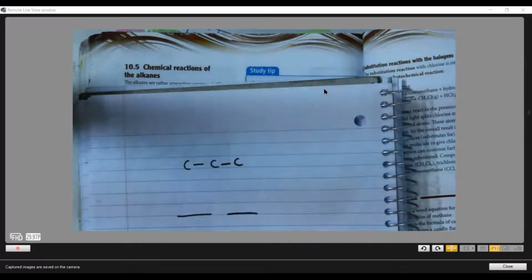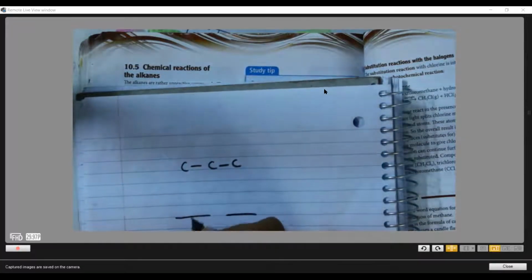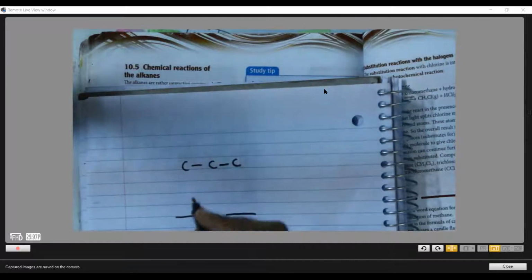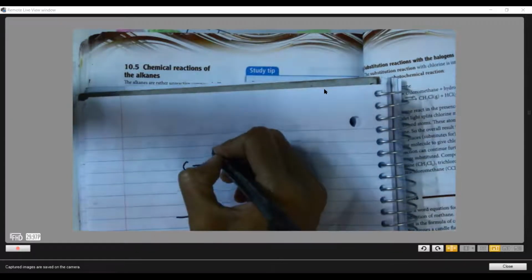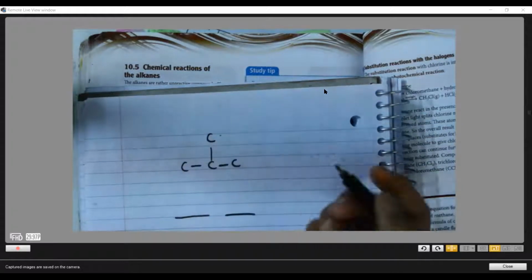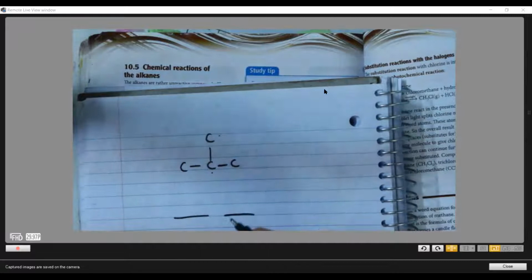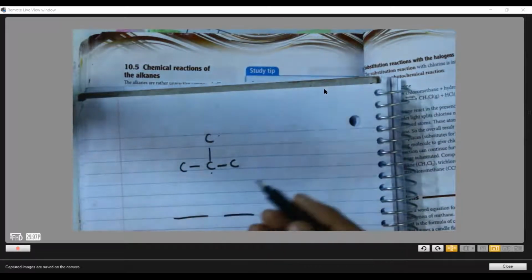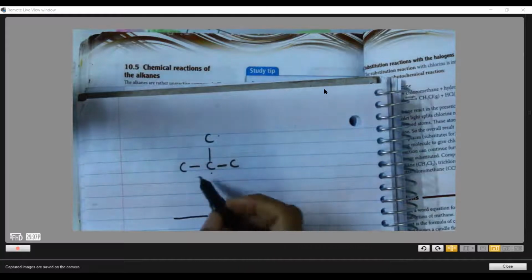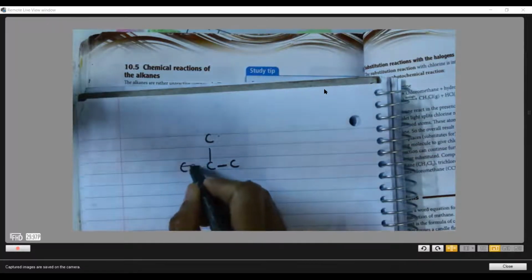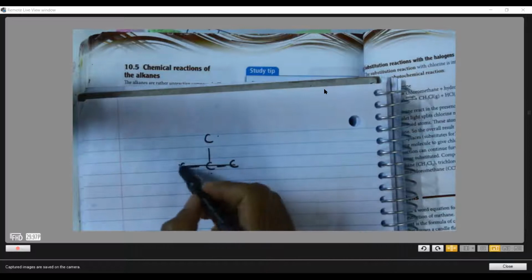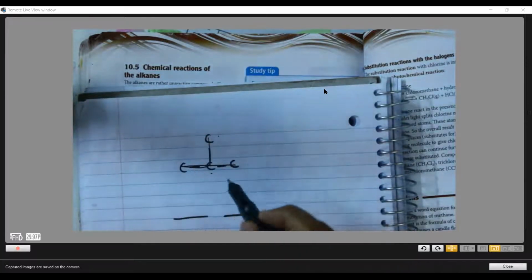Now, if the substituent is another chain of hydrocarbon, then the point that I forgot to mention is, for example, this is the hydrocarbon we are trying to name. So this is the longest chain, right? Whether we count it this way or this way, in both cases it's propane.